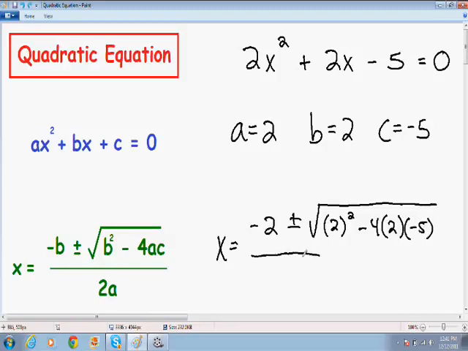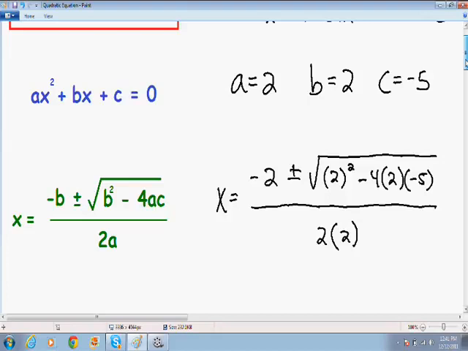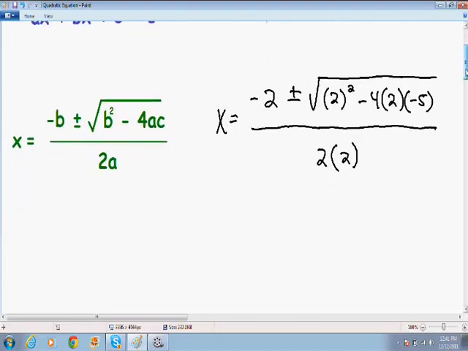And all of this is divided by 2a, and once again our a is 2. So now the only thing we have to do to solve this problem is to simplify this as much as possible.